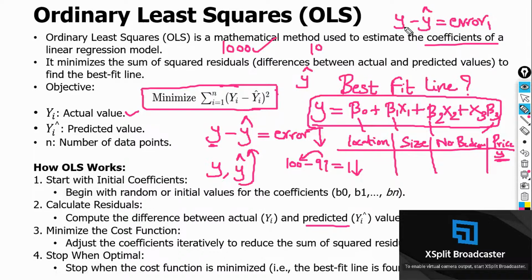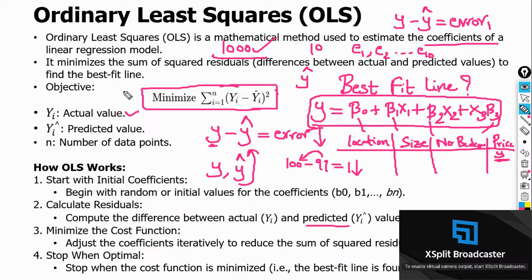Second row I'll pass, the same, error 2, error 3, error 4, so on, error 10. So I'll get 10 errors in total. So when you generalize it, the number of errors depends on the number of records. Since I have 10 records, I'll get 10 errors.